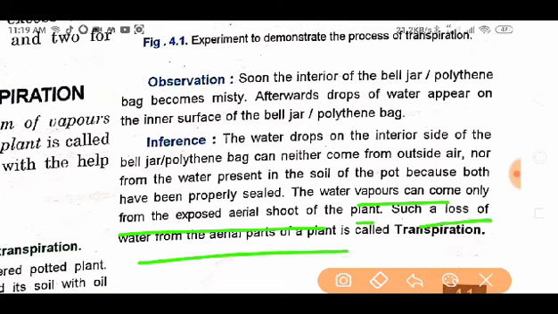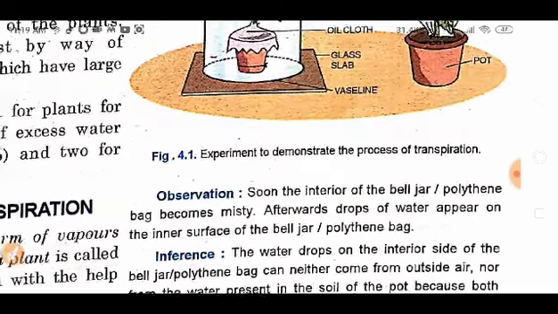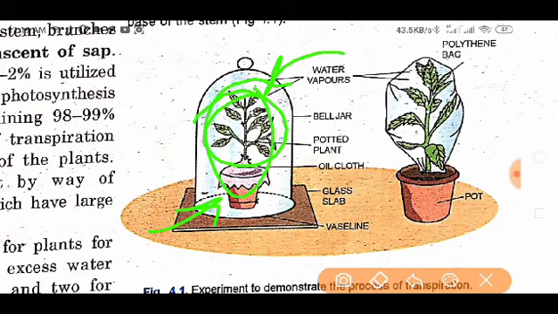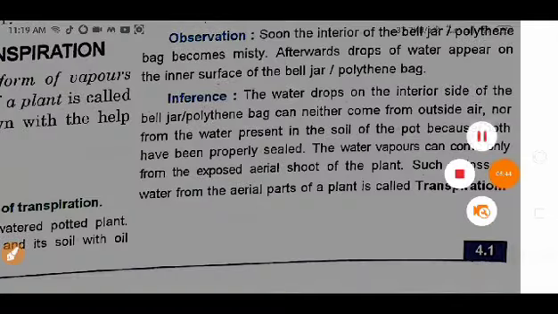Such a loss of water from the aerial parts of plant is called transpiration. So we know that no water is coming from outside and no air is coming to inside of the bell jar, so this water comes only from the shoot part of this plant. So this process is called transpiration.